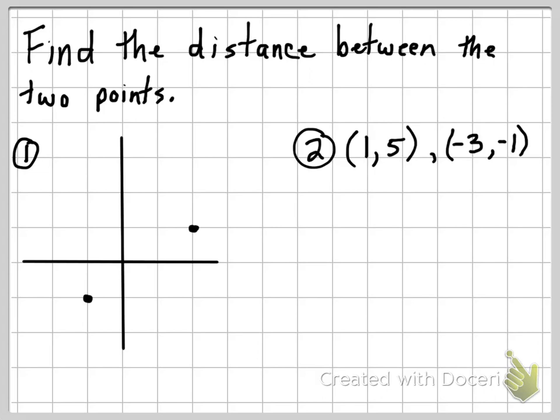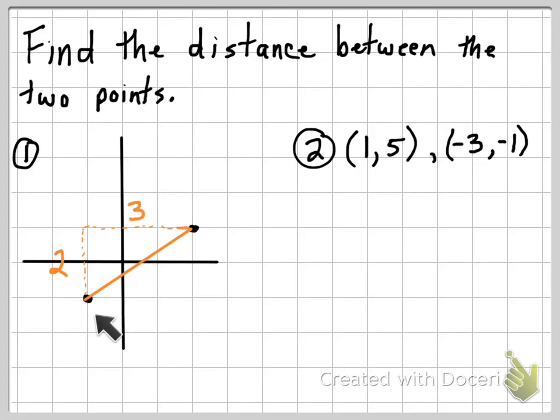For the first one, I'm just trying to find how far it is from one point to the other. How long is this line? Well, I can't use the blocks to count because it doesn't go straight across blocks, so I'm going to have to use something else. I'm going to use Pythagorean theorem. So I can count up, and that's 2, and over, and that's 3.